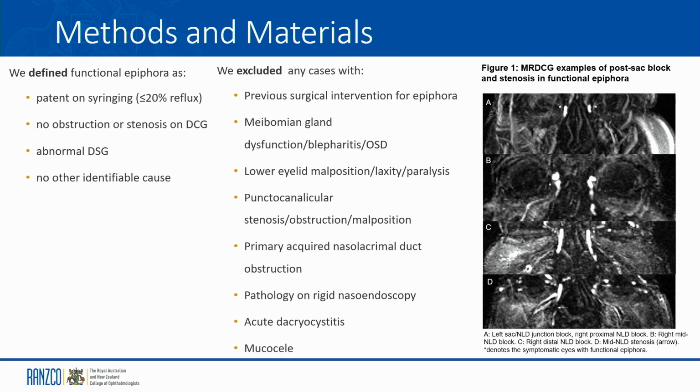The definition of functional epiphora required patency on syringing, patency on daguerreocystography, or DCG, and an abnormal DSG, and no other identifiable cause for epiphora. Eyes were excluded if they ever had surgical intervention for lacrimal outflow obstruction, reflex tearing, lower lid malposition, laxity or paralysis, a punctocanalicular cause, pathology on rigid nasoendoscopy, acute daguerreocystitis, or a mucocele.